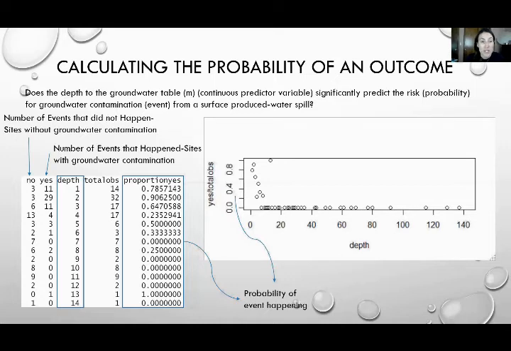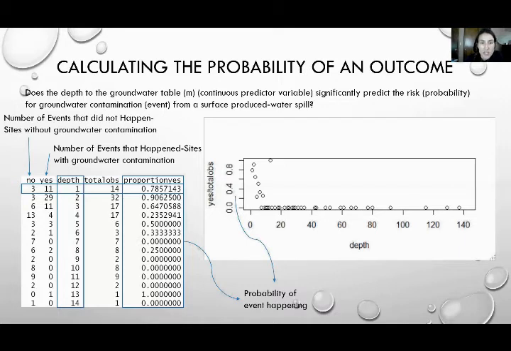So when you would calculate the probability of that event happening at a depth of 1 meter below the surface, we calculate a probability of 0.79. And when we go back and look at our graph on the right, that's what you're seeing plotted here.